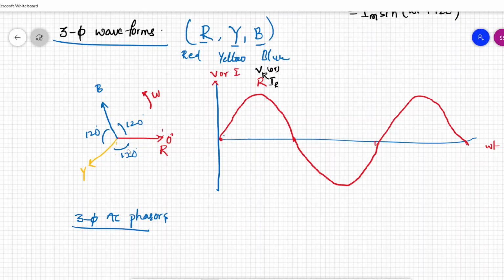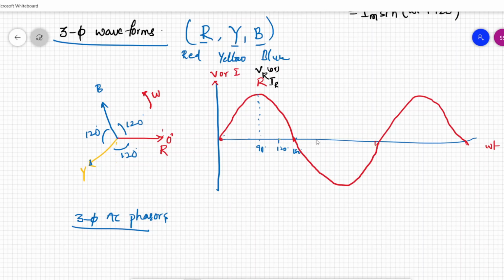Now let us draw the waveform for Y phase. As the phasors rotate in counterclockwise direction, after R, Y phase will come next, after 120 degrees. So this is 90 degrees, this is 180 degrees, and in between there is 120 degrees. The Y phase will start here and continue like this.